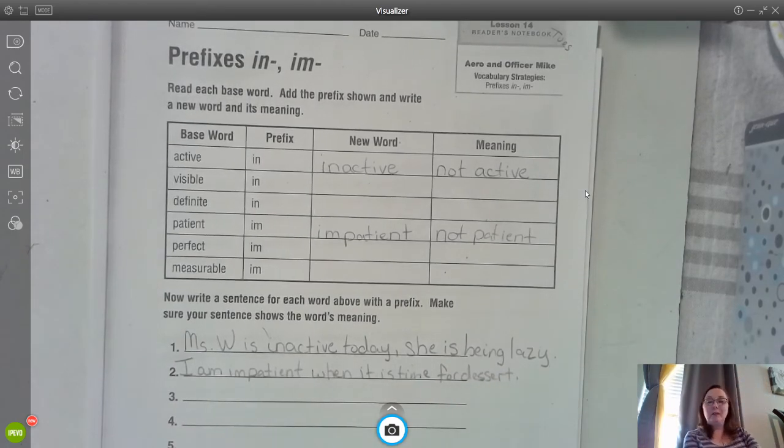Do you get impatient when it's almost time to eat dessert? Ooh, I do. Miss W has a sweet tooth. I like my sweets. I am impatient when it is time for dessert. Means I want it right now, not later. I want you to do the rest of your worksheet all by yourself, and you can go to the very next slide and check and see what kind of sentences Miss W came up with.